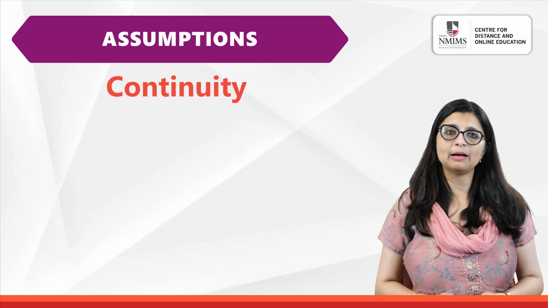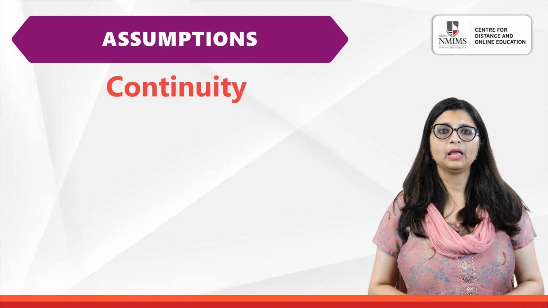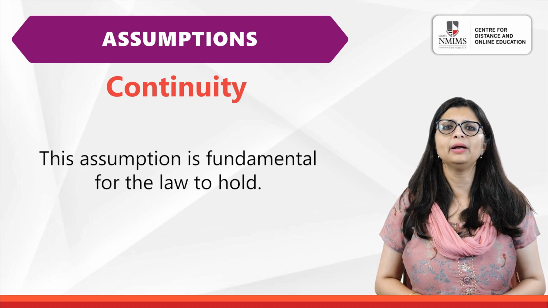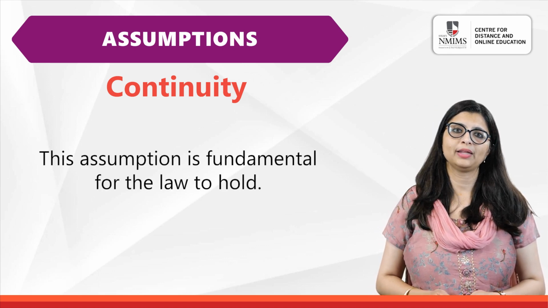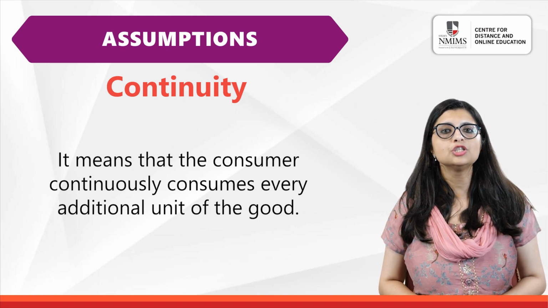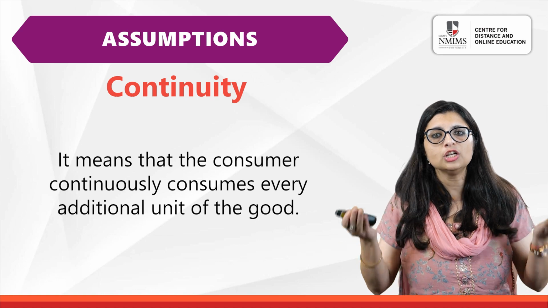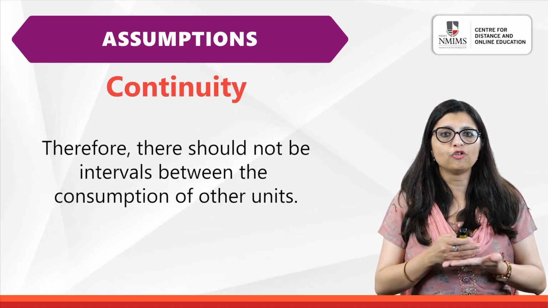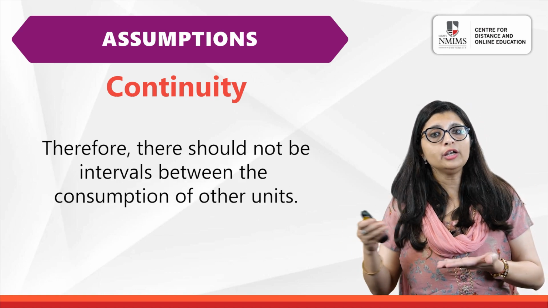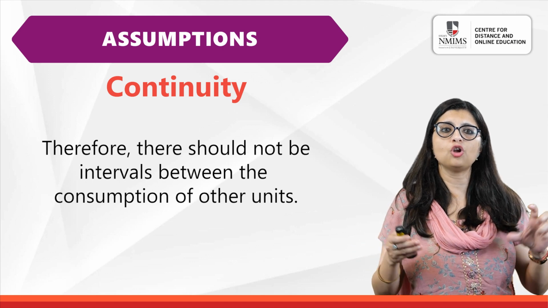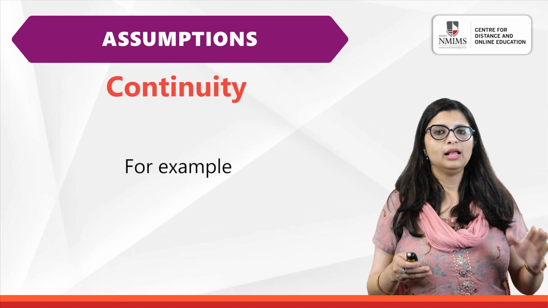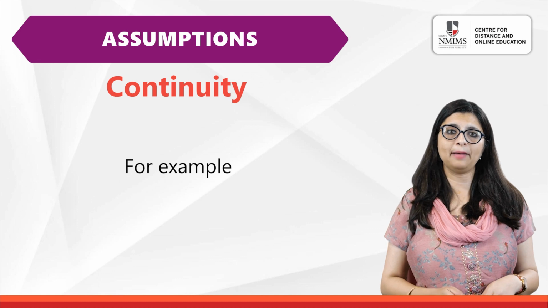The next assumption is continuity. This assumption is fundamental for the law to hold. It means that a consumer continuously consumes every additional unit of goods. Therefore, there should be no interval between the consumption of other units. Let me explain with an example here.